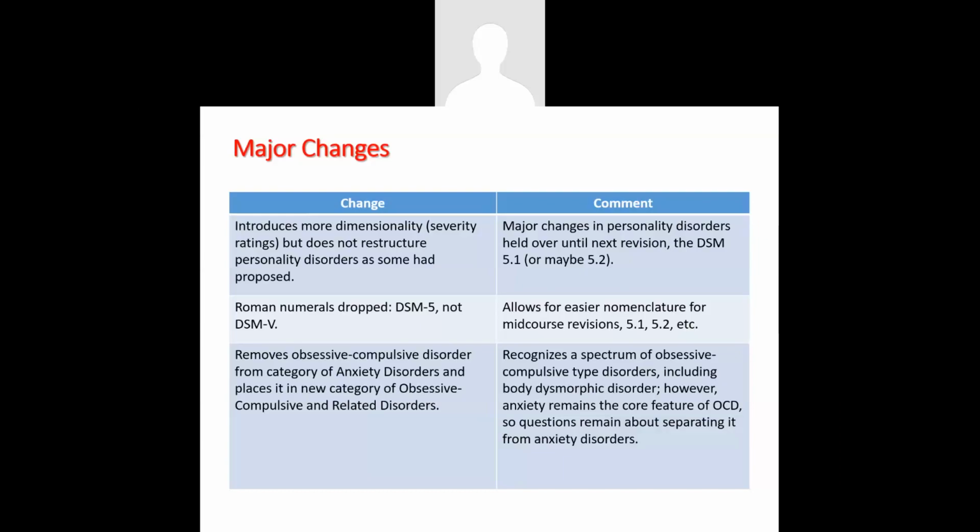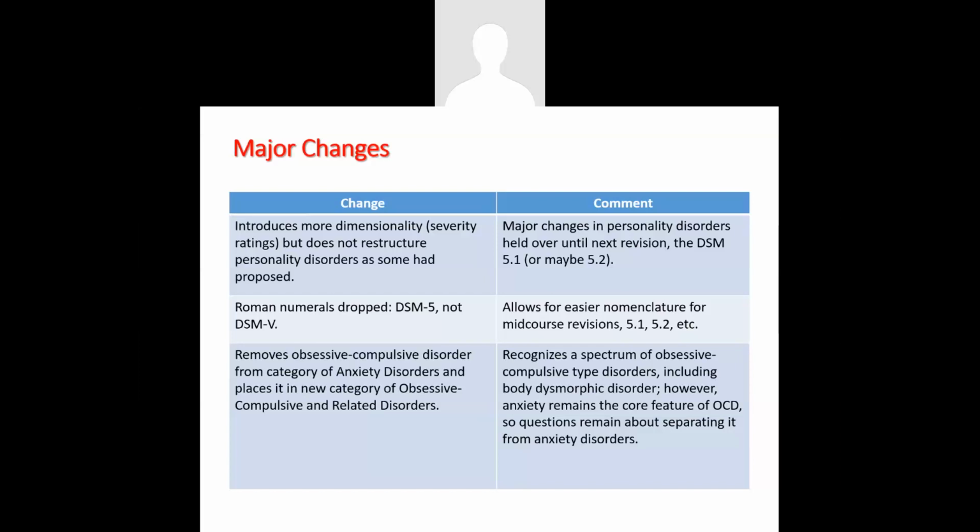Note that Roman numerals have been dropped. So the DSM-5 starts with the 5, a number 5, the way we're used to seeing it. 1 through 4 all used the Roman numerals. So IV for 4. The idea behind this never really took place.